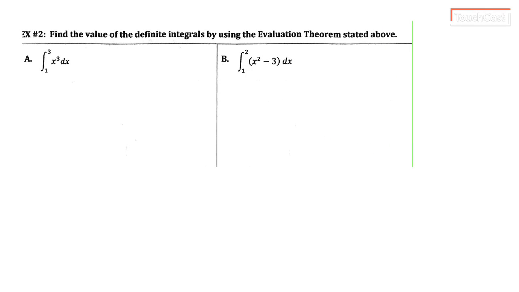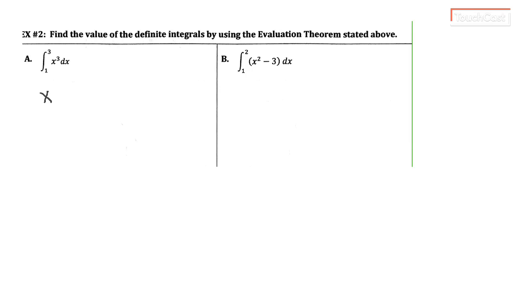So now in example 2, we're going to find the value of some definite integrals by using this evaluation theorem that we looked at on the first page. So we've got the integral from 1 to 3 of x cubed with respect to x. We're going to first write the integral of x cubed.